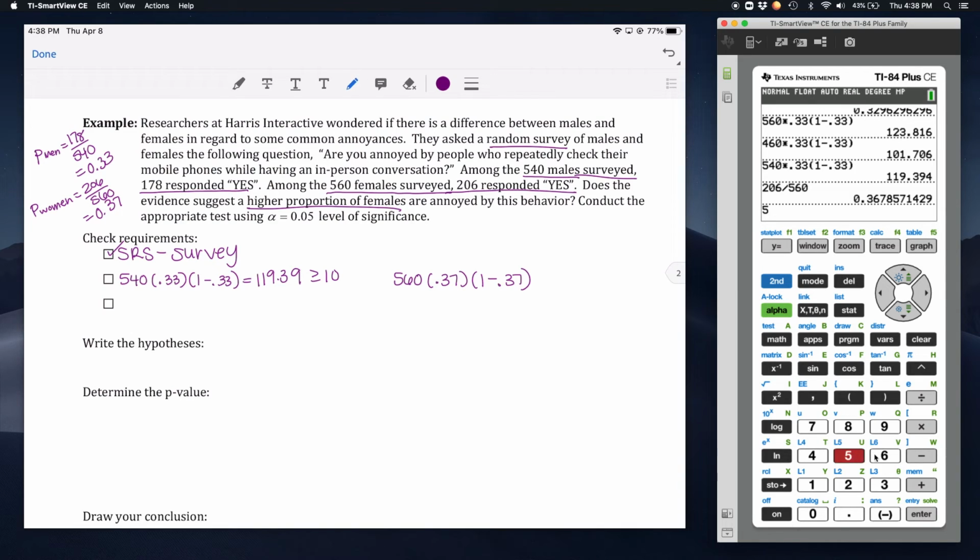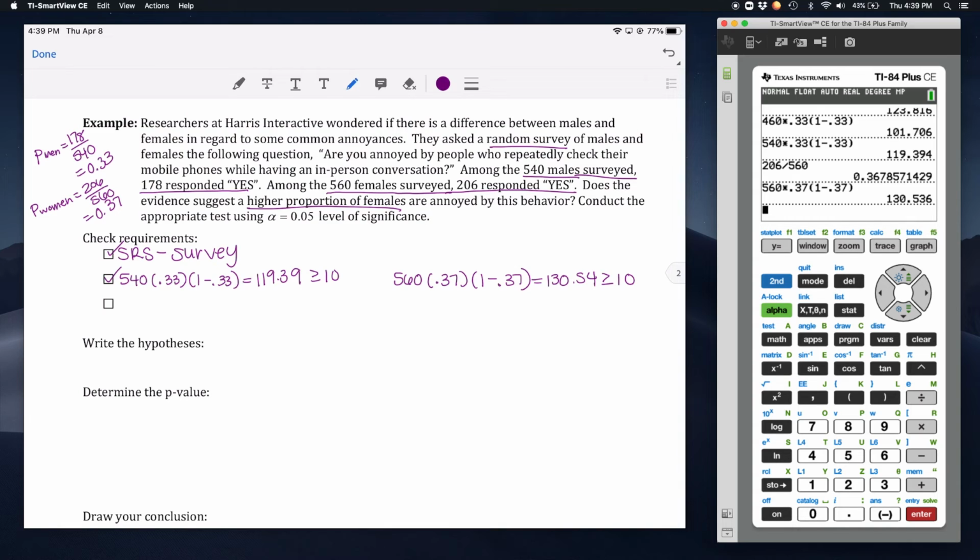Okay, let's try that. So we end up with 130.54, which is greater than or equal to 10. Okay, that condition's met.